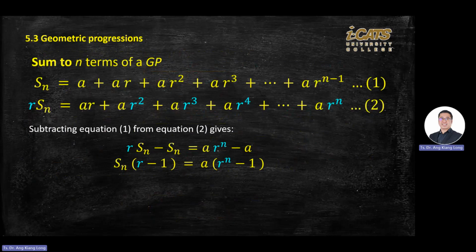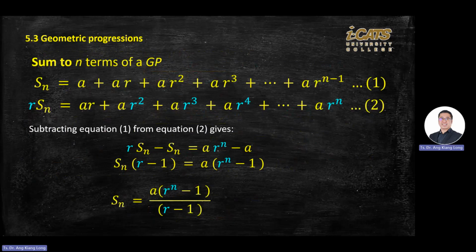So we arrive at Sn bracket R minus 1 equals A bracket R power n minus 1. Why can we not eliminate the bracket? Because your R is power n. It's not the same factor. That's why you cannot eliminate. So you arrive at a second new equation.